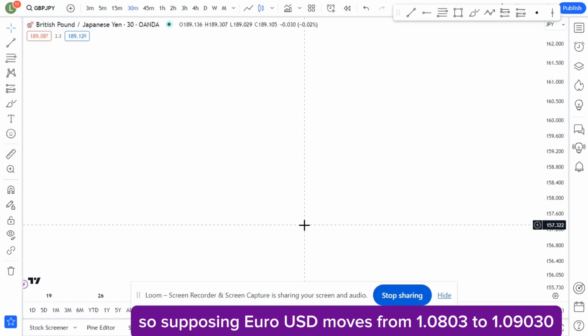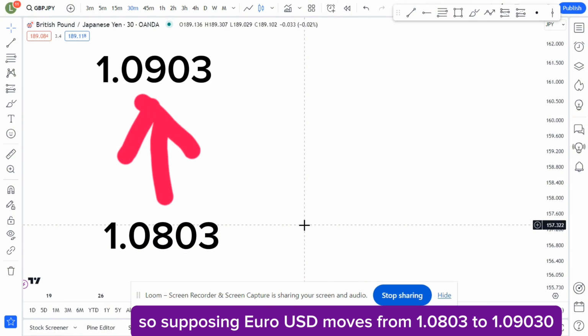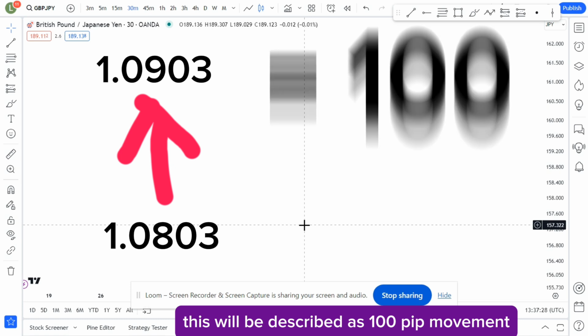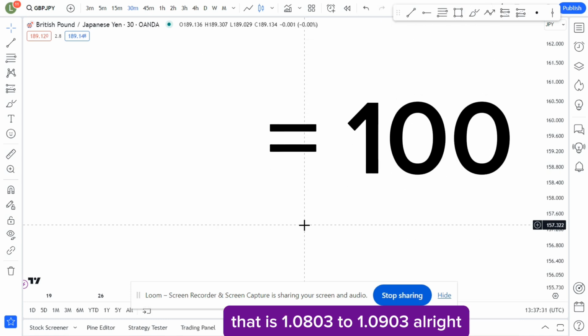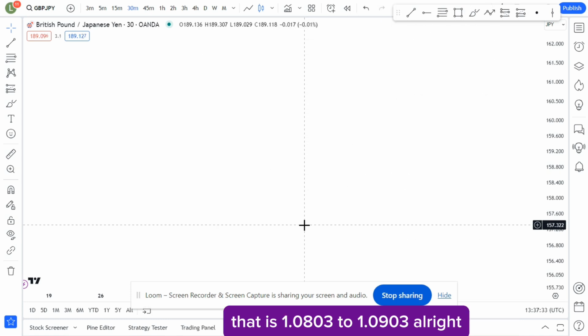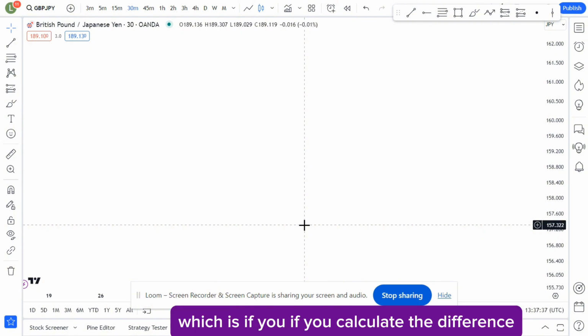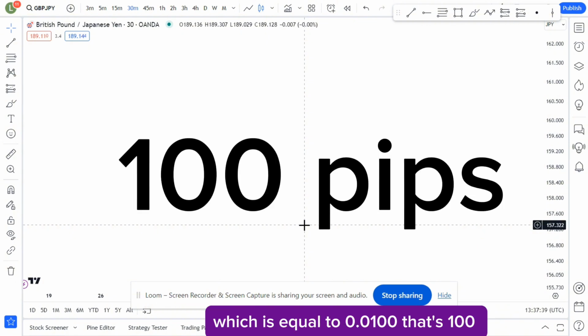So supposing Euro USD moves from 1.0803 to 1.0903. This will be described as a 100 pip movement. That is 1.0803 to 1.0903. All right, which is if you calculate the difference, which is equal to 0.0100.